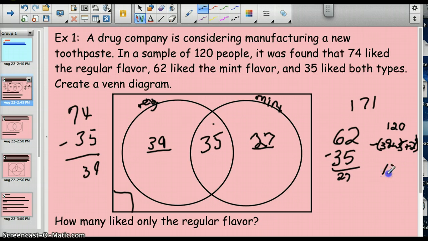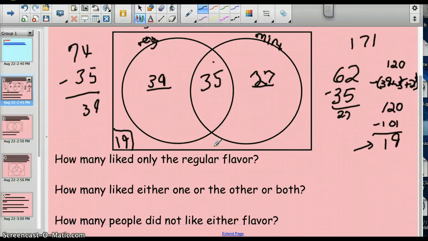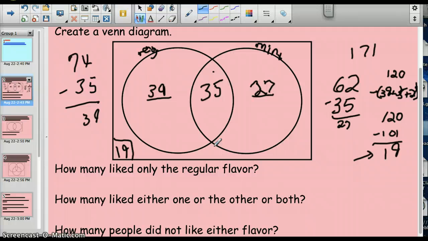So we had 120 total people, and we have 101 people that are accounted for. Therefore, there were a total of 19 people left. Those 19 people don't like either type of toothpaste, and they will go down here in the universal set. So this is how we take care of a problem like this in setting it up. And every time there will be some questions associated with it. So now we're going to move down to the questions.